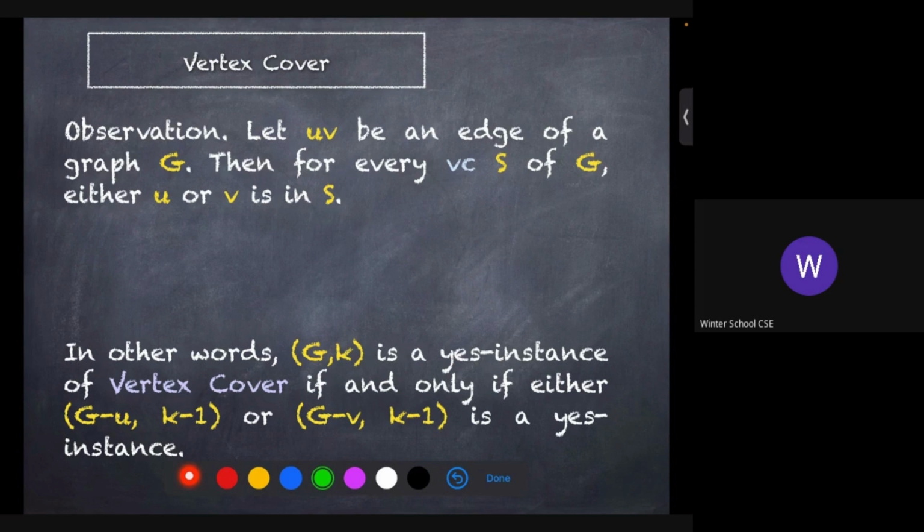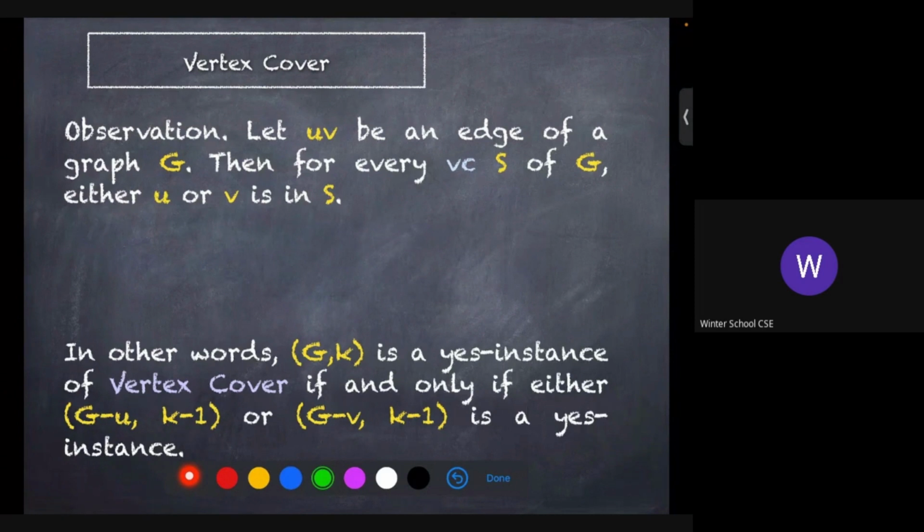Then I take a look at two other instances. In the first instance, I remove vertex u and put it in the vertex cover. In the second instance, I remove vertex v and put it in the vertex cover. And I also decrease the parameter by 1. Then if my initial instance was a yes instance, at least one of the new instances also will be a yes instance.